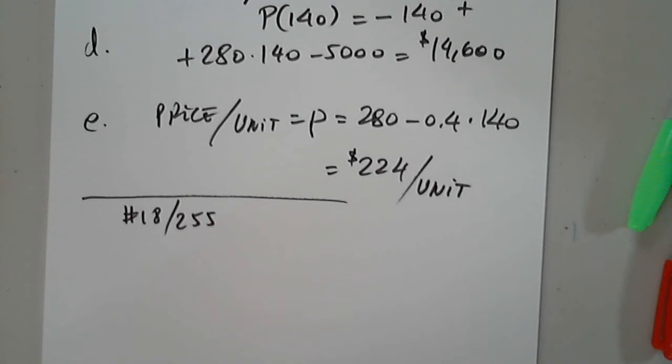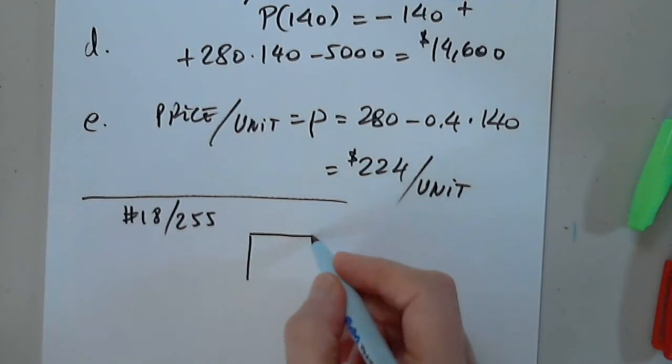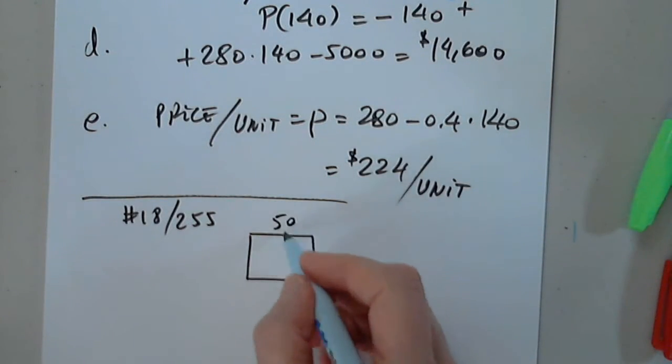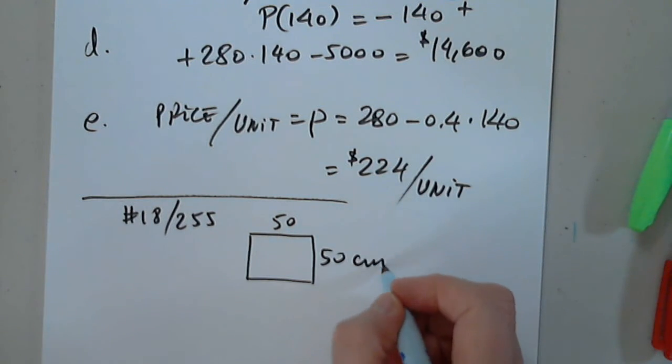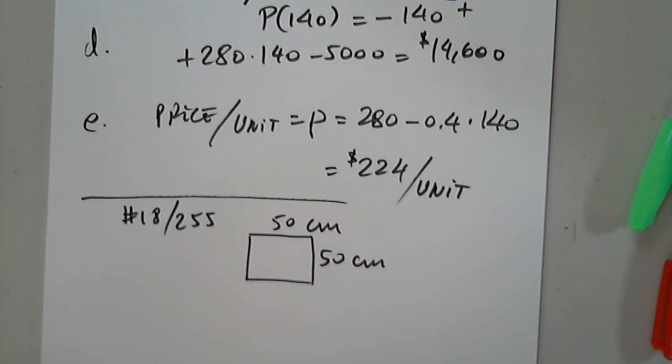Okay. From a 50 by 50 sheet of aluminum, and they are in centimeters. Square corners are cut out so that the sides can be folded up to make a box. Okay, I'm just looking for any piece of paper.